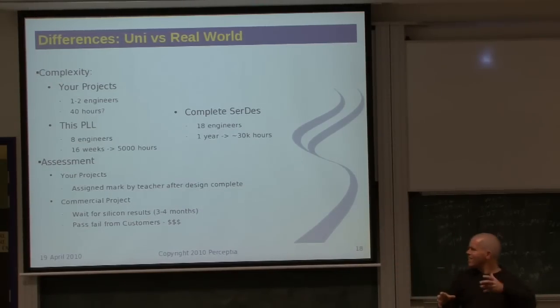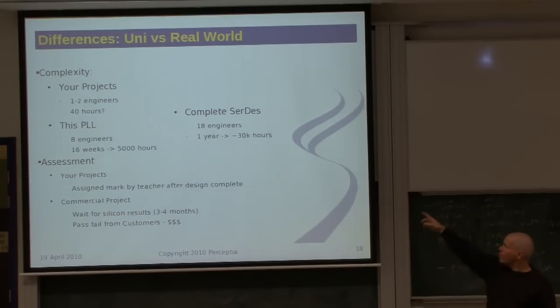So once you move out of university and you've got the basics, the biggest task is how to make all the big stuff work together. How do you break down the project so that a group of 18 engineers can actually work together and produce a result that works?